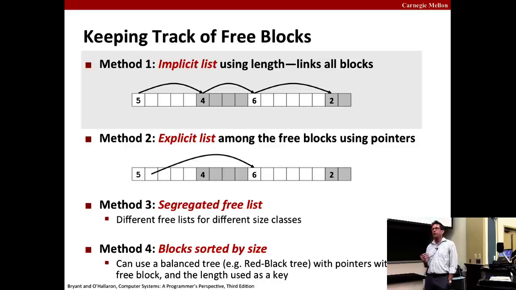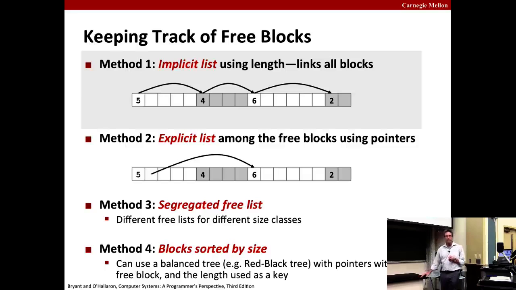One free list might hold blocks of size 0 to 8, and another free list might hold blocks of size 9 to 16, and another 17 to 32. So when you're traversing a certain list, you know the range of sizes of the blocks in that list.